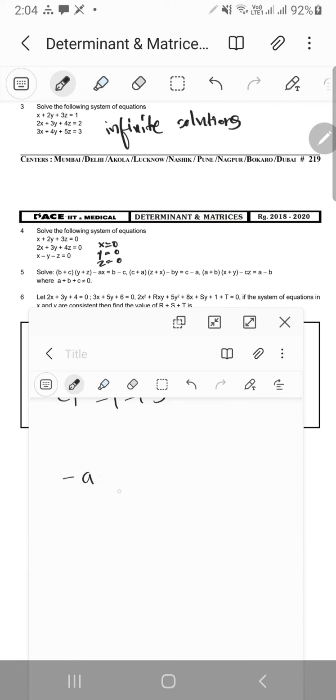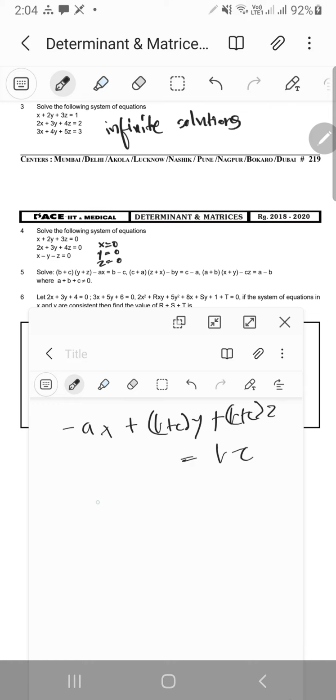Just have minus a x plus b plus c y plus b plus c z, right? That is equal to b minus c. And the next thing you have is c plus a into x plus, not plus, minus y plus c plus a into z, right, equal to c minus a.